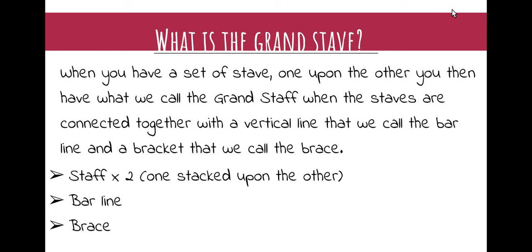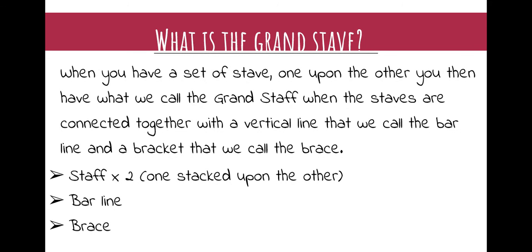When you have one staff stacked upon the other, then we have what we call the grand staff, and that's when the staffs are connected together with a vertical line. We call that vertical line the bar line. And if you put a bracket to the left of that bar line, which is called a brace, that's when you have your grand staff.